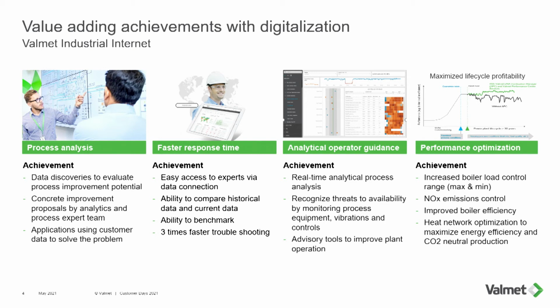So if it's important for the plant to be at the absolute maximum, or if it's important to be at the really minimum load, depending on the situations, we can do that kind of optimizations. We can also optimize the NOx emissions, improve the boiler efficiency, and optimize the actual energy network in terms of electricity, steam, and district heating.